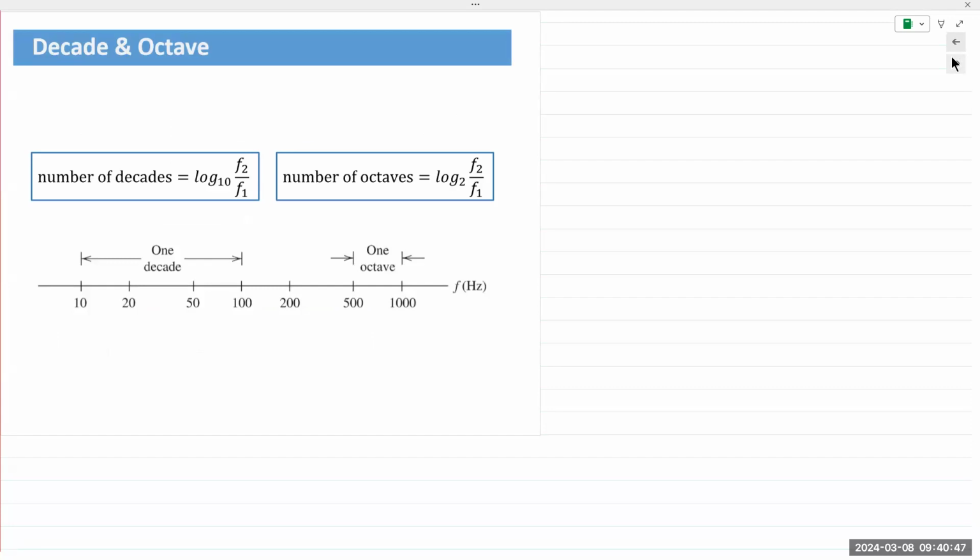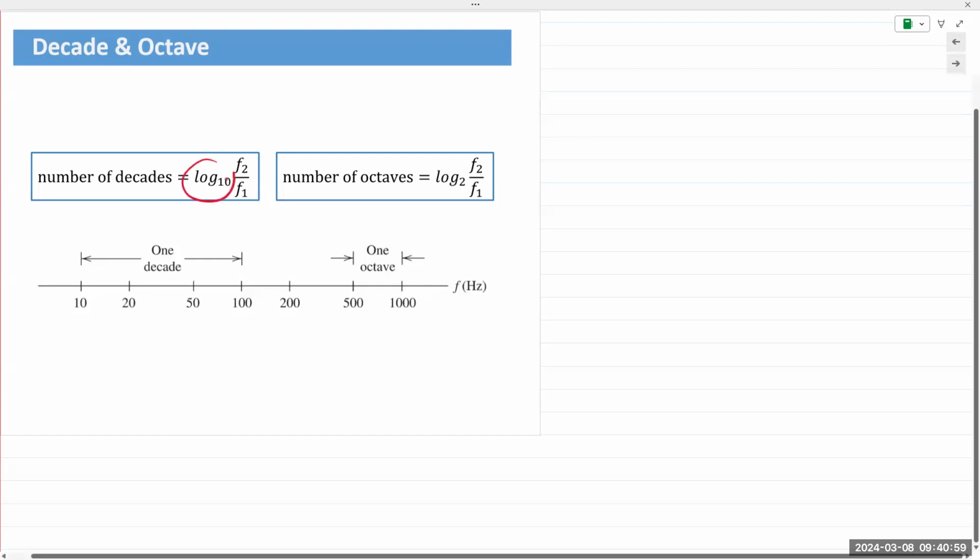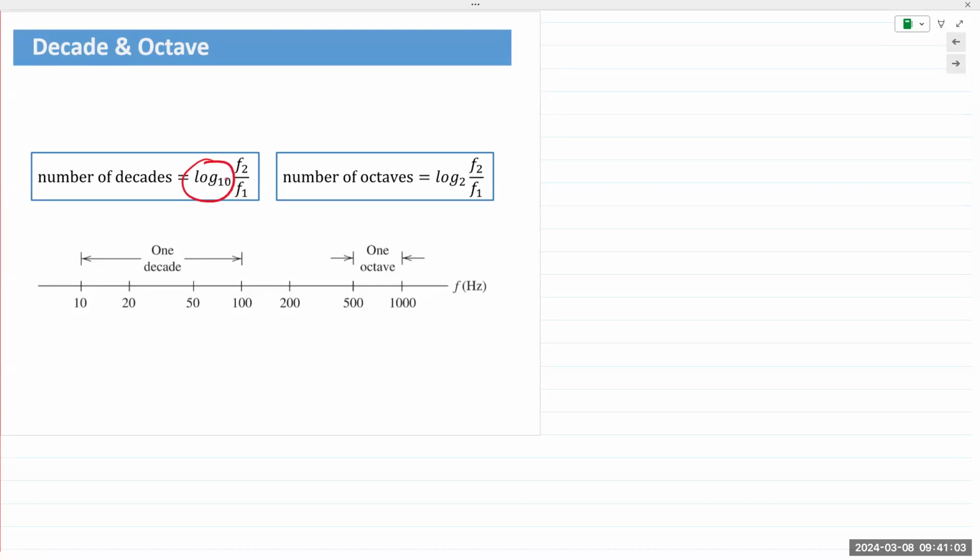A decade is the log of the ratio of any two frequencies, and the base of that logarithm is 10. So if you take any two frequencies and wish to find the number of decades between them, you take the ratio and take the log to the base 10.